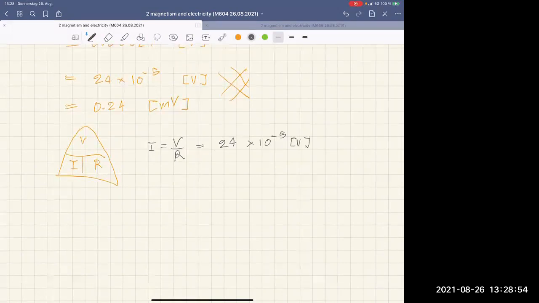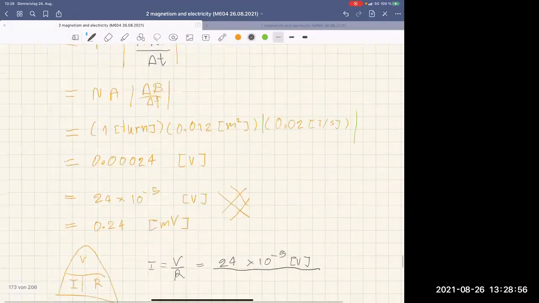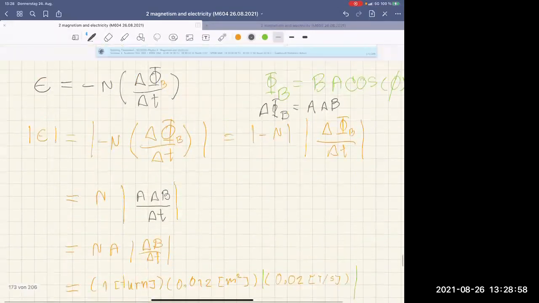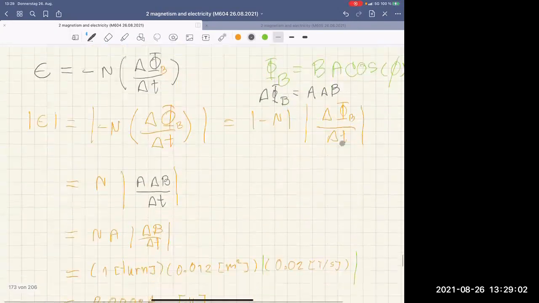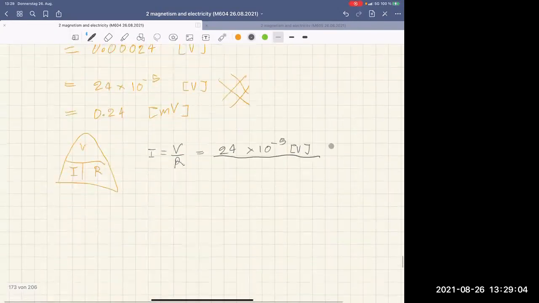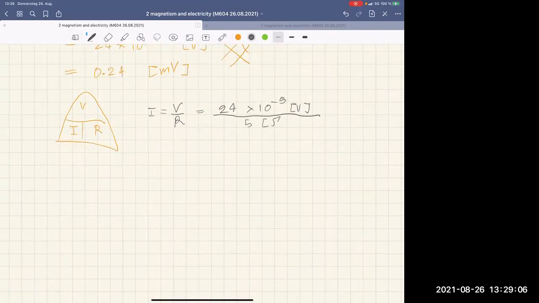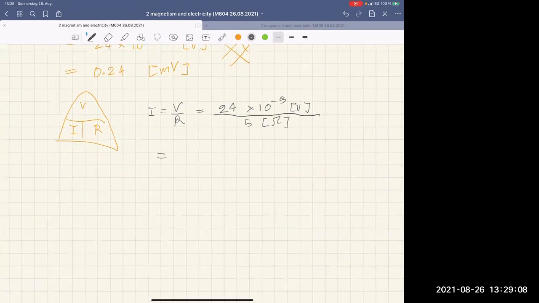And R is the resistance that this conductor has, which is 5 ohm. We would find that it's going to be 4.8 times 10 to the negative 5, but it's not ohm or volts; it's ampere.